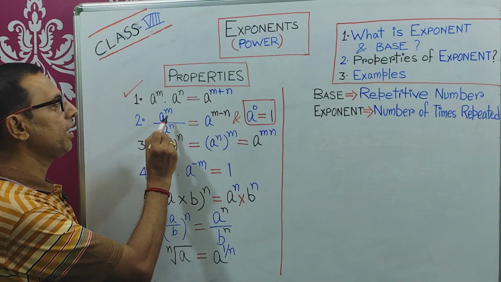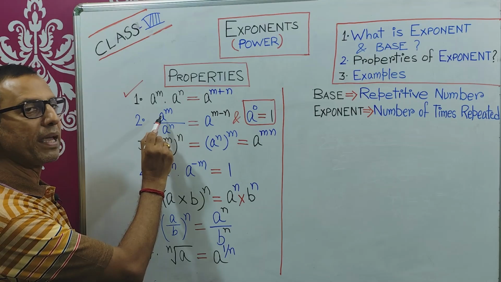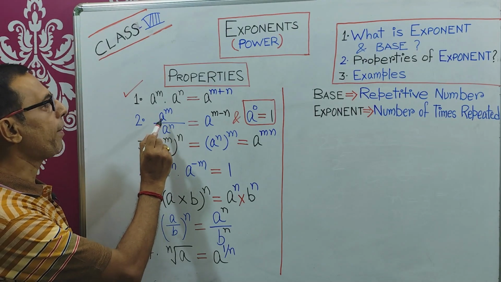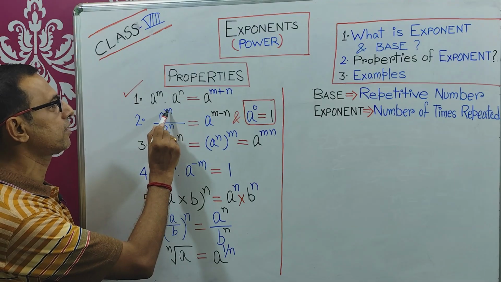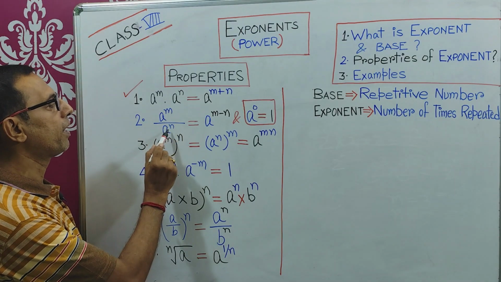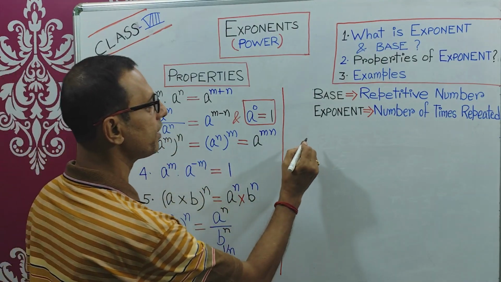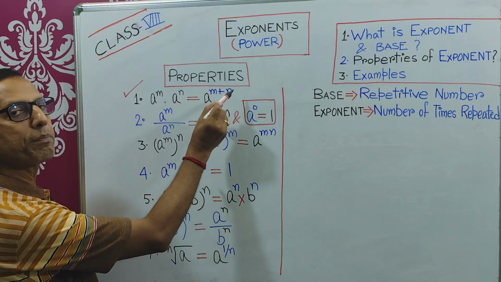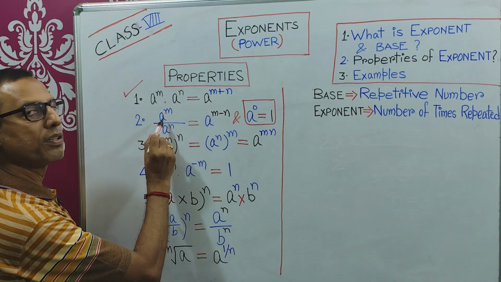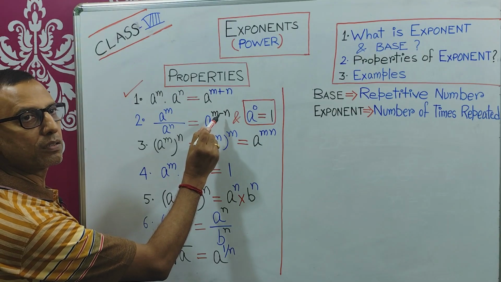Second one is, if you are dividing two numbers that have the same base, here it is a, but the power or exponent is different. Here the numerator is a to the power m, but the denominator is a to the power n. In that case, how can you represent it? a to the power m minus n. So for multiplication you will add up the powers, for division you will subtract the powers, right?